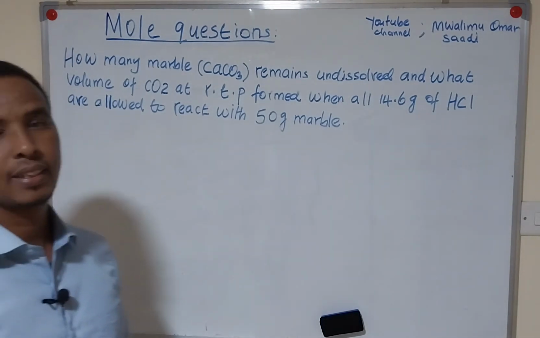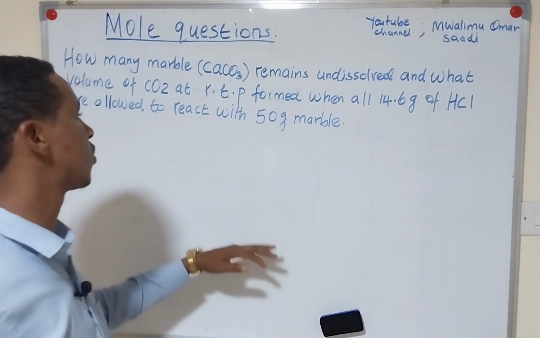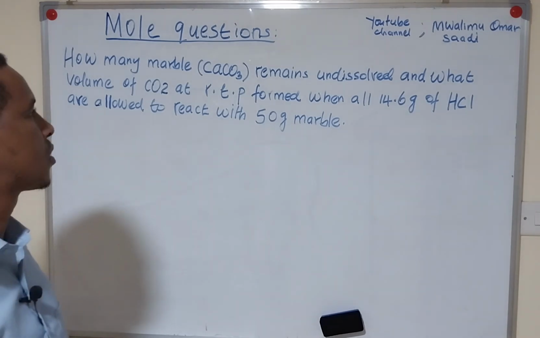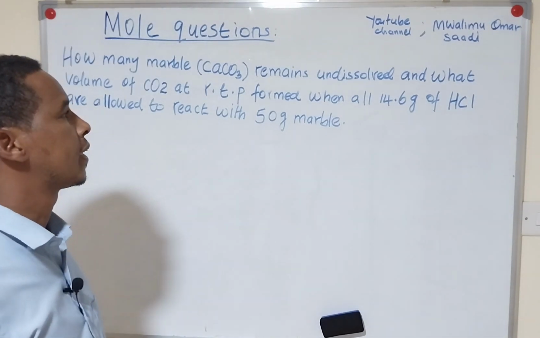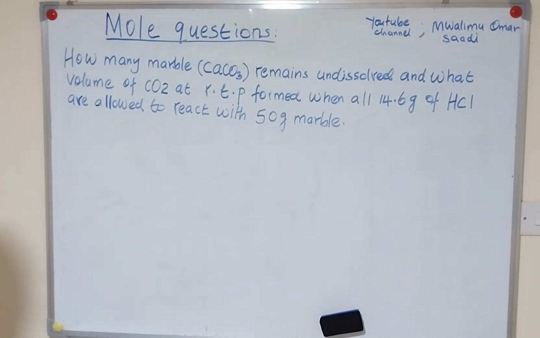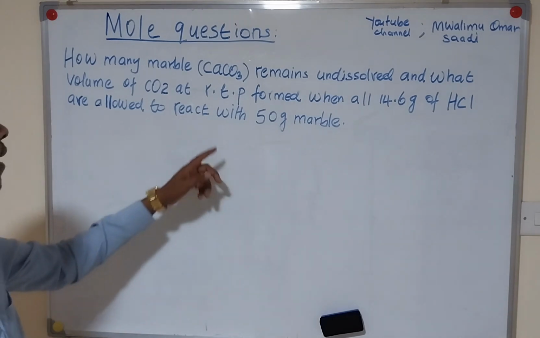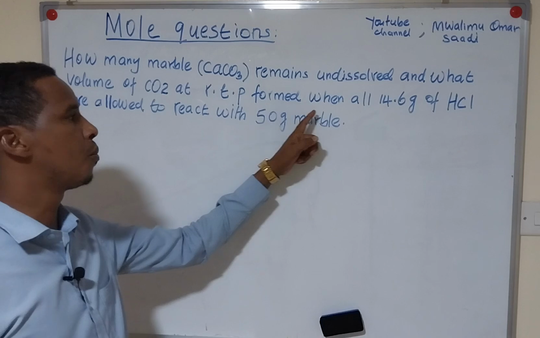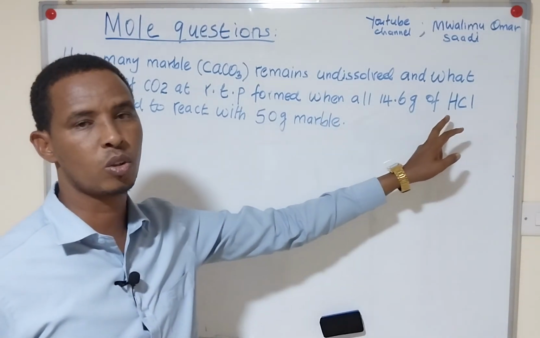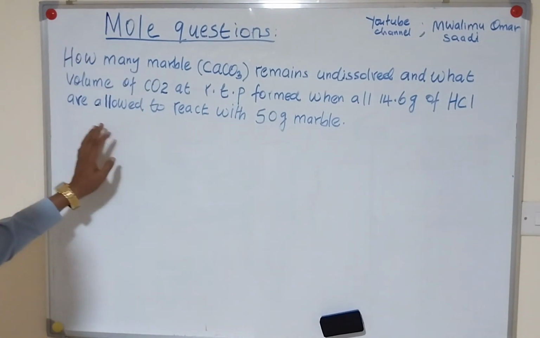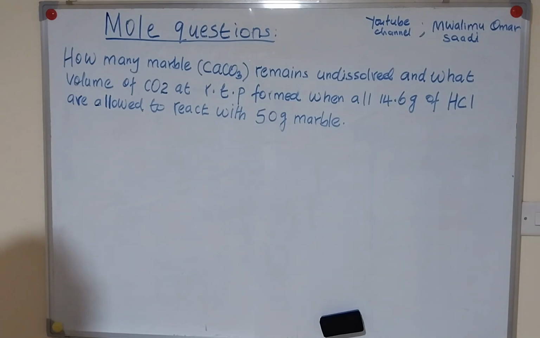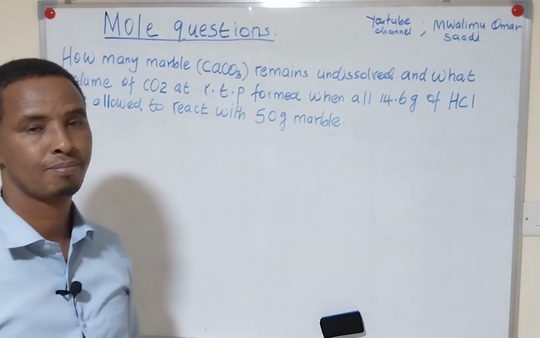So in today's discussion, we have a question on moles. We are asked how many marble chips, that is calcium carbonate, remain undissolved, and what volume of carbon(IV) oxide at RTP is formed when all 14.6 grams of hydrochloric acid react with 50 grams of marble chips.